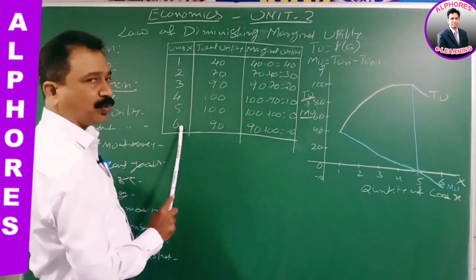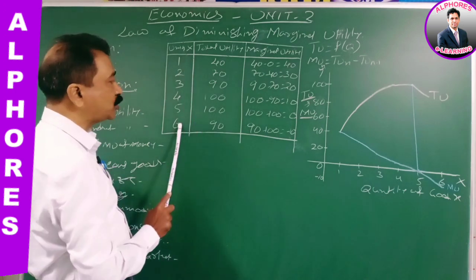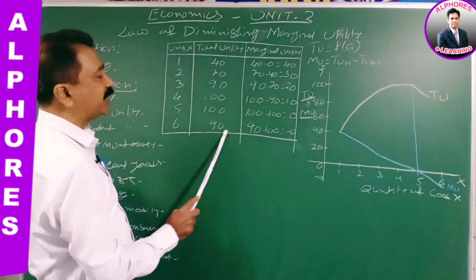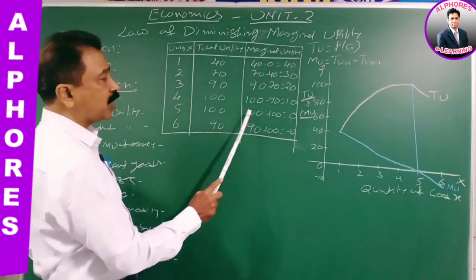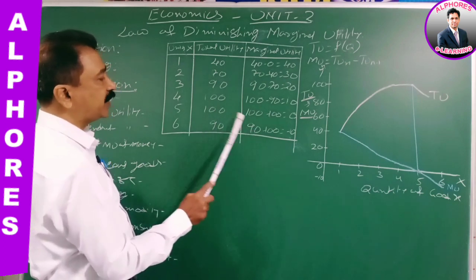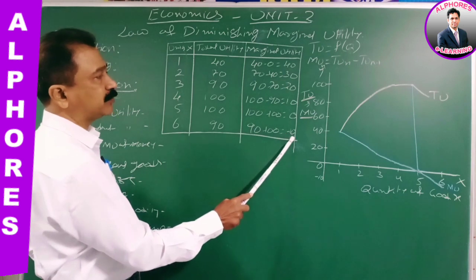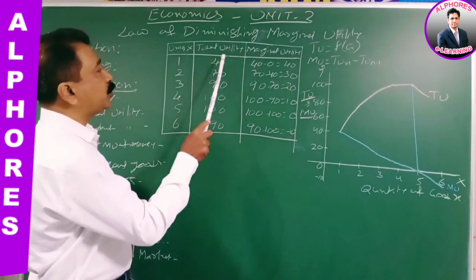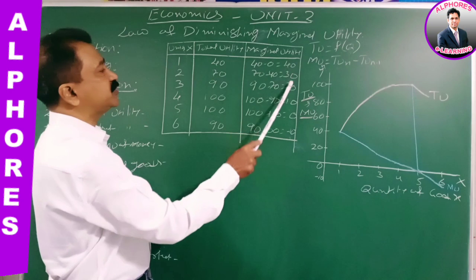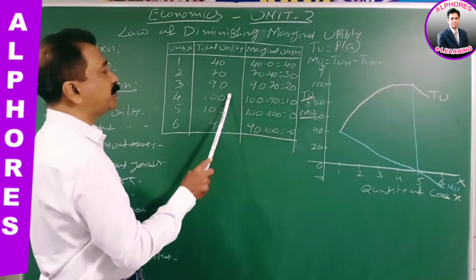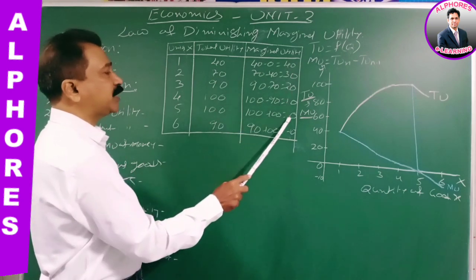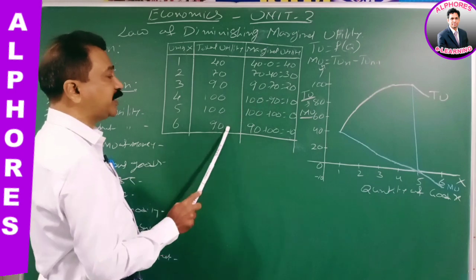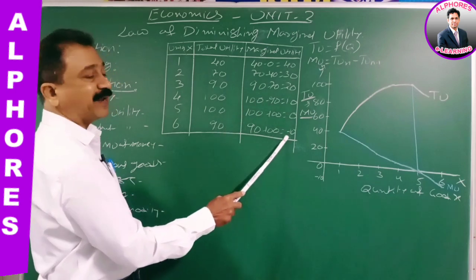And the sixth mango, or a total of 6 mangoes put together, gave you 90 satisfaction. So 90 minus 100 gives you minus 10. That is, when total utility is increasing, marginal utility is decreasing. When total utility becomes constant, marginal utility keeps decreasing. When total utility is decreasing, marginal utility becomes negative.